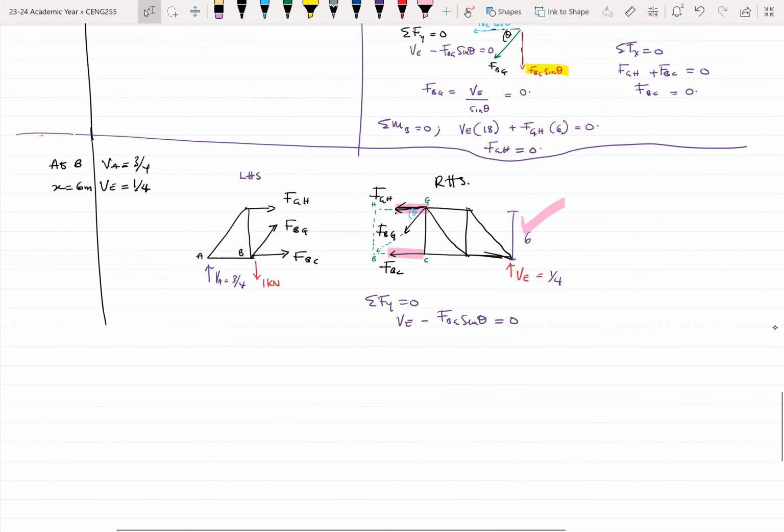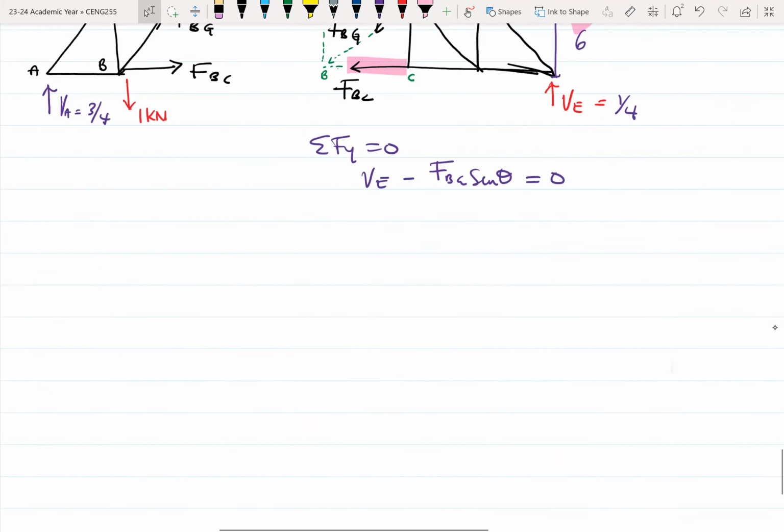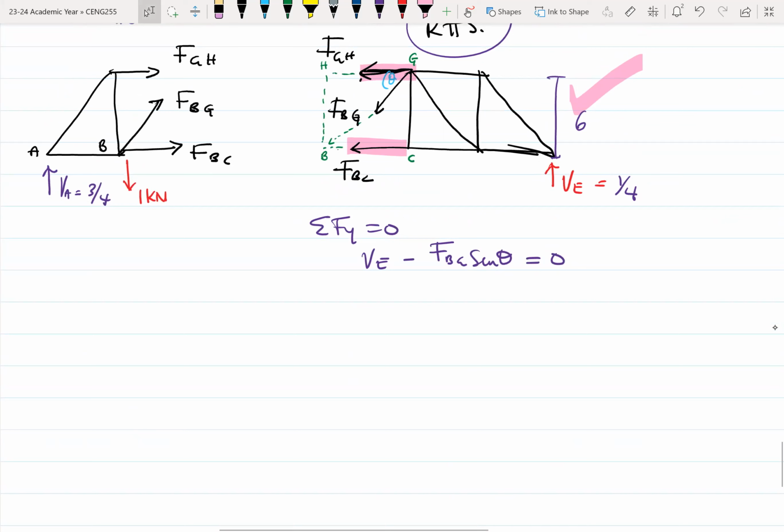So let's see. It's the same equation I'm going to use. Here I'm summing vertical forces, right? So I'm using the right hand side to solve it. It's easier that way. So vertical forces, VE is upward. The vertical component of FBG will be acting downward. I've already explained that previously. So this becomes my equation, VE minus FBG sine theta equals 0.